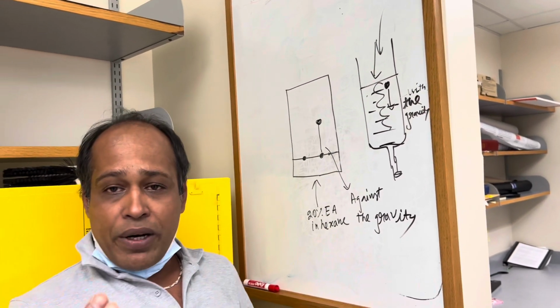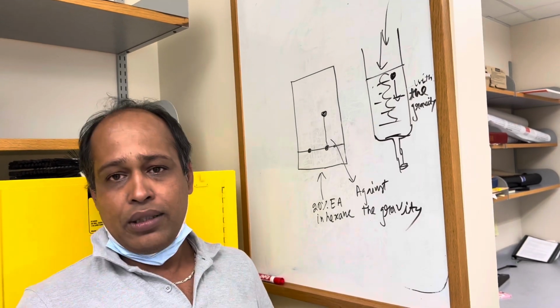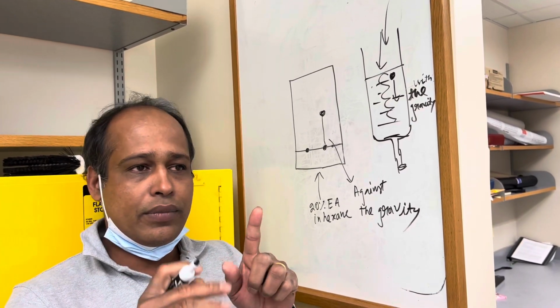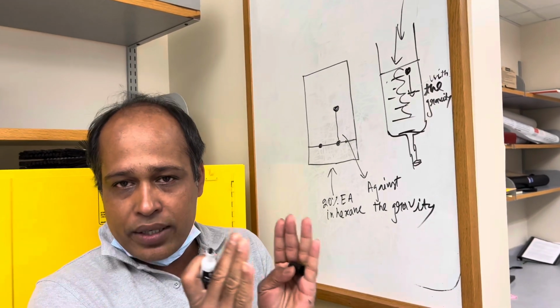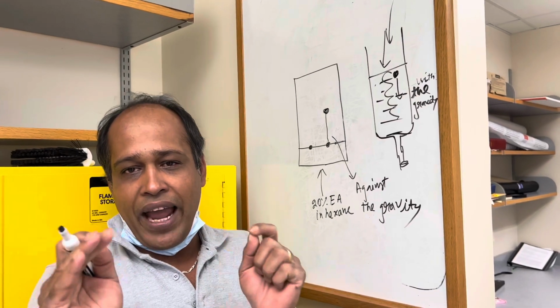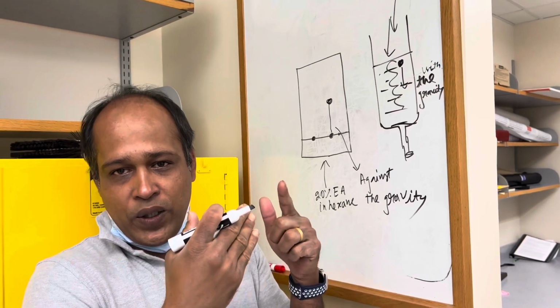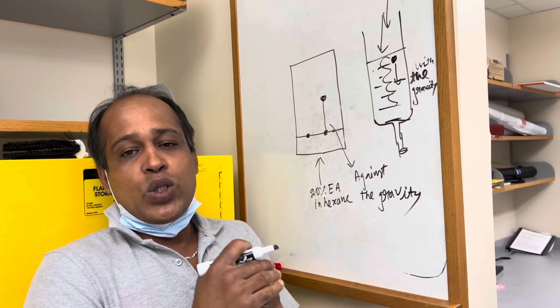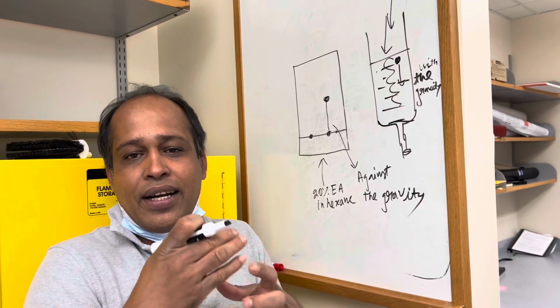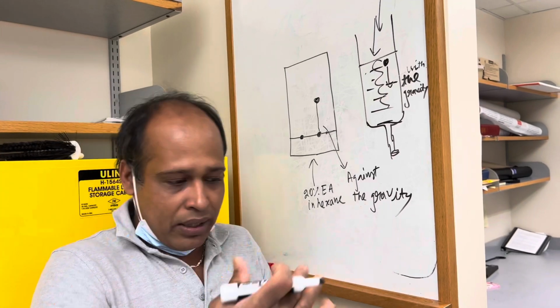It could be one reason, when you do TLC with the crude and starting material, that the crude was very diluted, and that's why those were not visible. Probably. But while you do the column, everything is there. In that case, you might see some other additional spot.